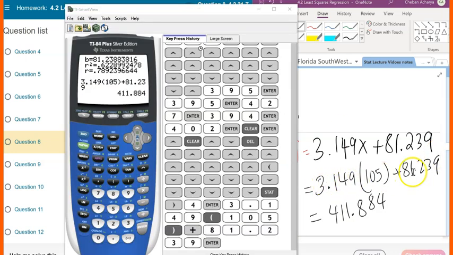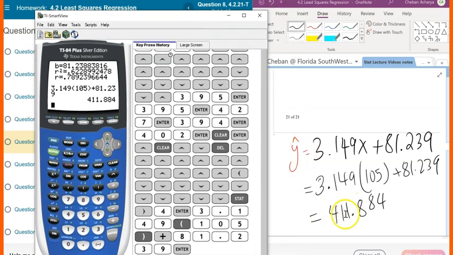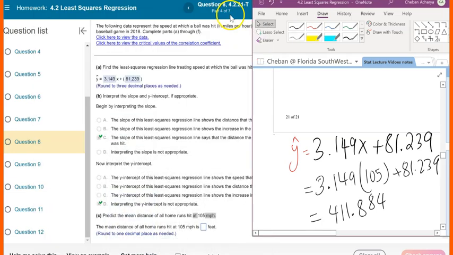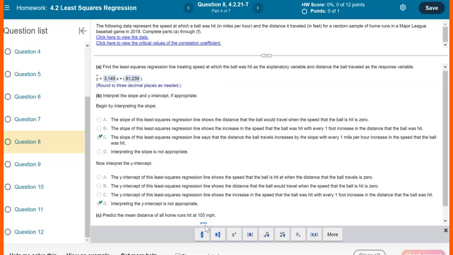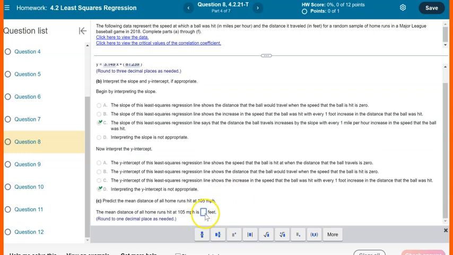I put everything in the calculator to simplify, and I get y hat equals 411.884. And here you have to round it to 1 decimal place, and 411.884 gives you 411.9, right?